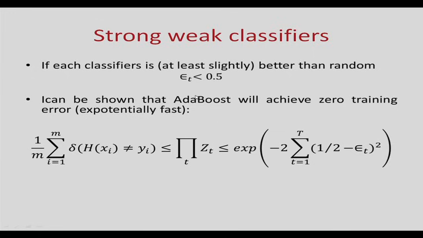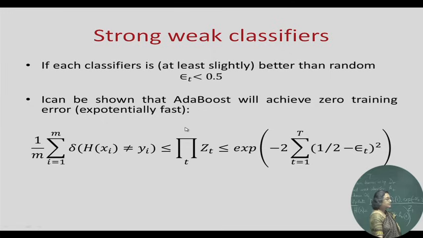That is, epsilon t must be less than 0.5 for a 2-class problem. It can be shown that Adaboost will achieve 0 training error exponentially fast under the assumption that the errors of the different hypotheses are independent.